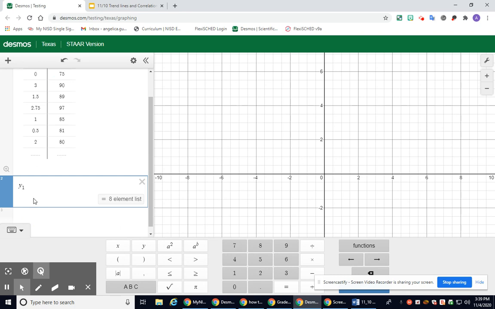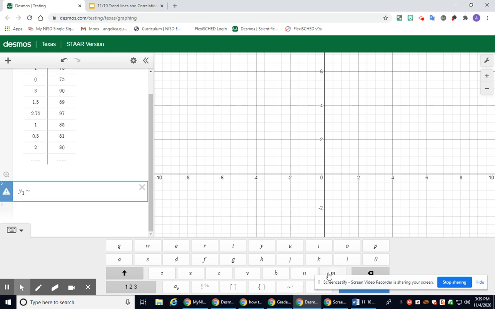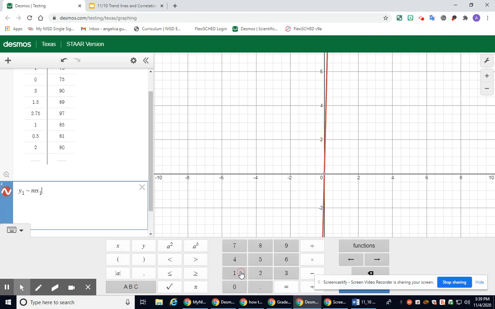We need to get the keyboard to appear. Once you click the keyboard, we're going to type Y1, and then ABC will allow you to bring in the approximation, m x1, and you can just type m and x1 on your calculator, plus b.